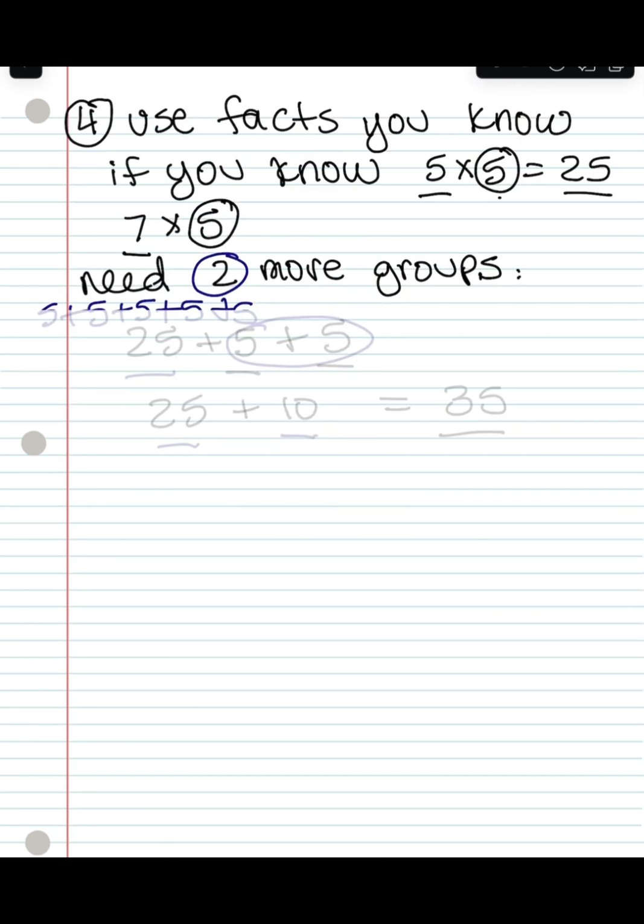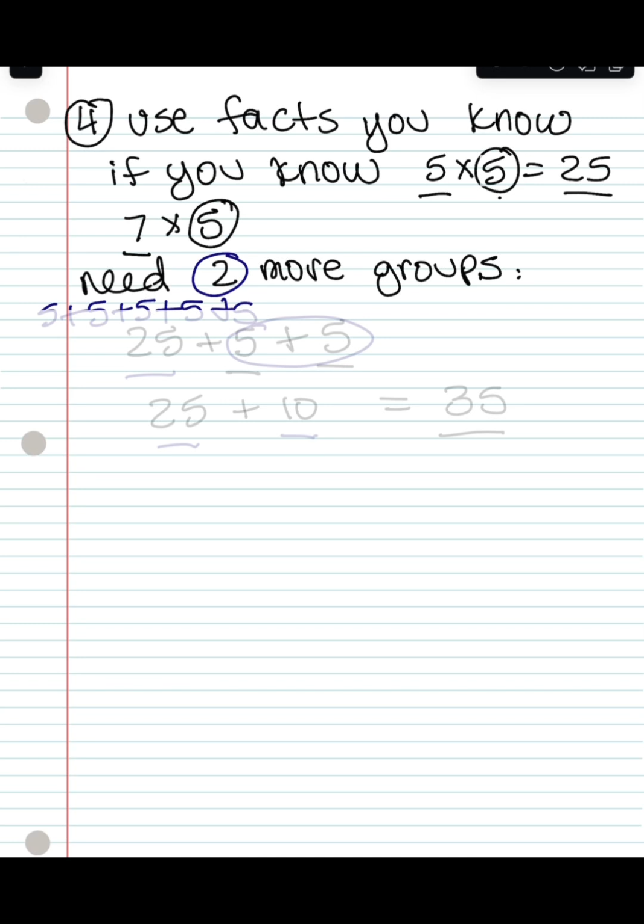The fourth way is use facts you know. So if you know 5 times, let's say you just can't think of what 7 times 5 is, but I know what 5 times 5 is. That's 25. So remember, we have 7 groups of 5.